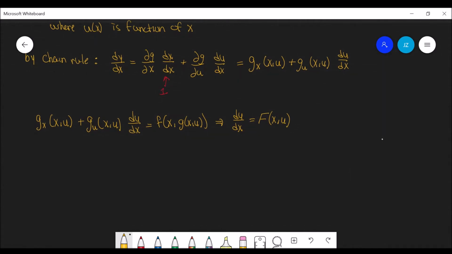So if we can determine a solution u equals phi of x, then a solution of the original differential equation is y equals g of x, phi of x.